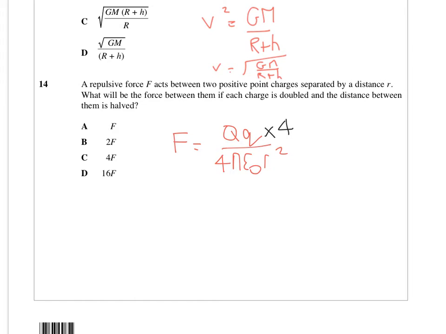Distance between them is halved, so this r is going to be divided by 2, which means this r squared term is going to be a quarter of what it was before, which means we're going to have 4 divided by a quarter, which is 16. So it's going to be 16 times as big as it was before, or answer D.